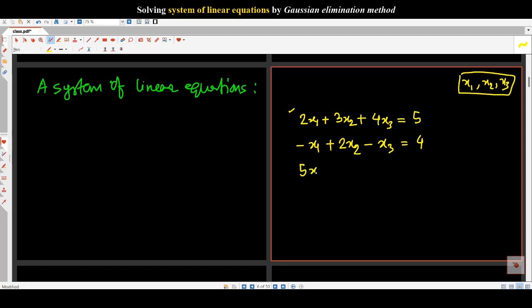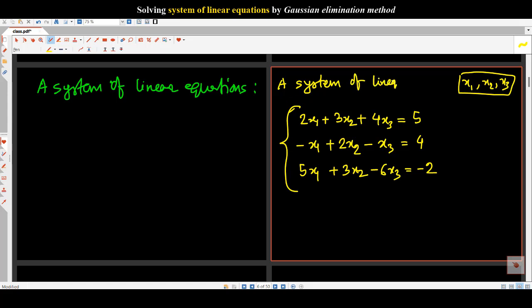Now suppose we have another equation: 5x1 plus 3x2 minus 6x3 equals minus 2. This third equation is also linear. If we think about all the equations together, this forms a system of linear equations.